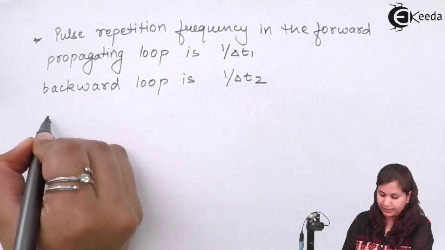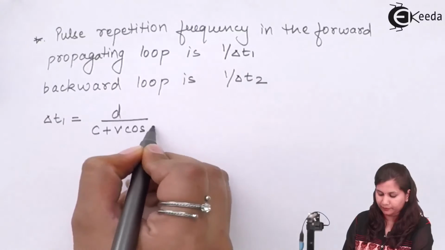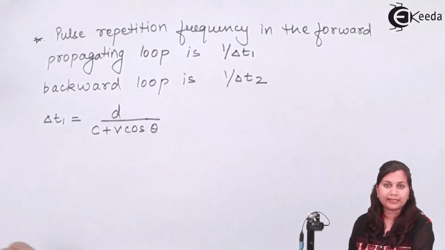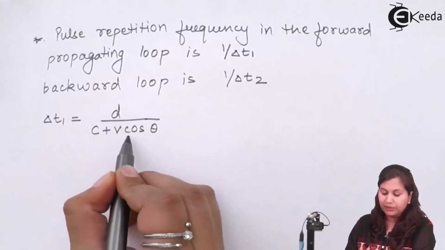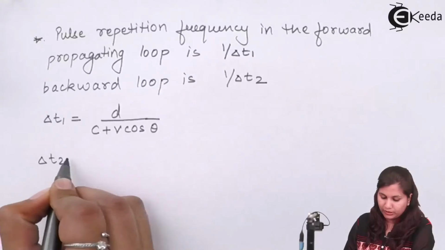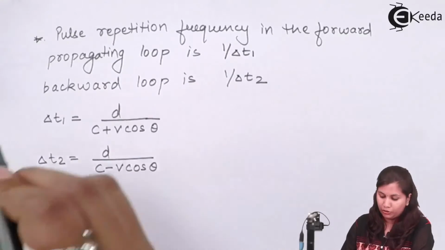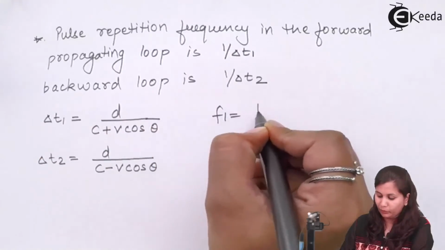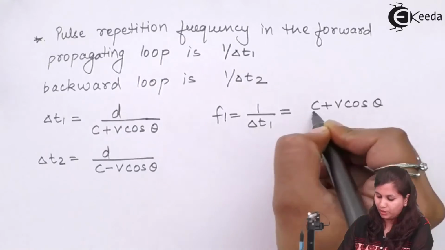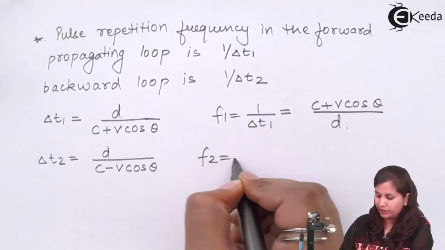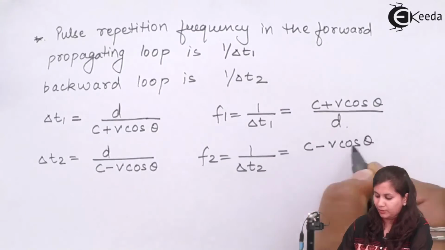Now del t1 is d upon c plus v cos theta, because here we are taking the sine and cos components of the angle. So del t1 is d upon c plus v cos theta, and del t2 is d upon c minus v cos theta. So F1 will be 1 upon del T1 equals c plus v cos theta upon d, and F2, which is 1 upon del T2, is c minus v cos theta upon d.